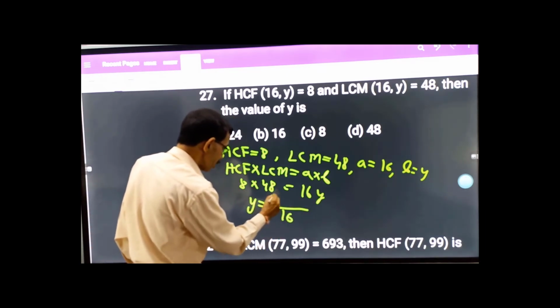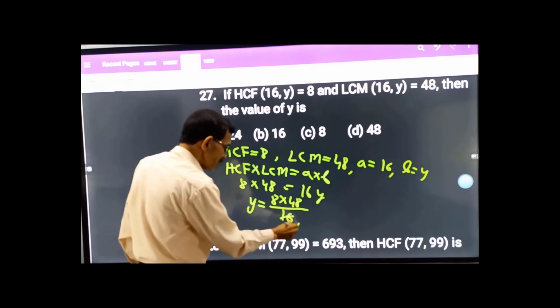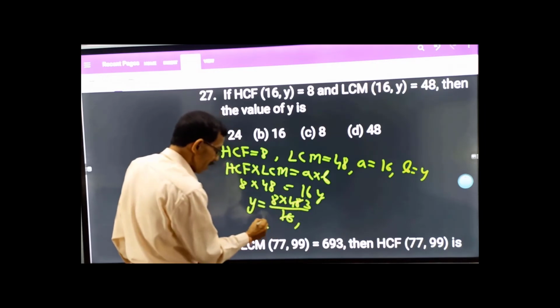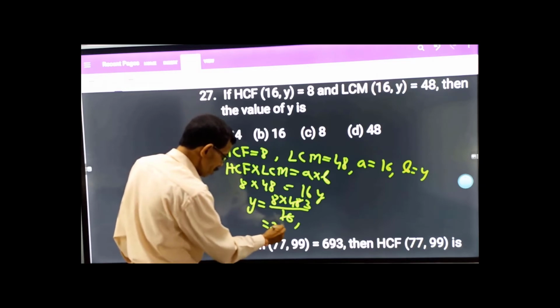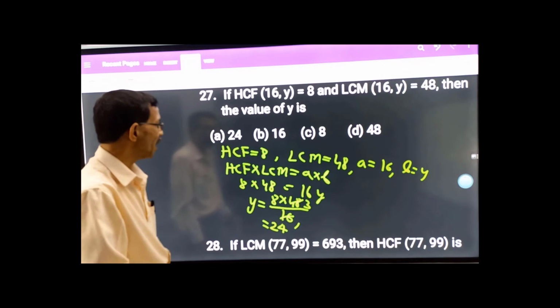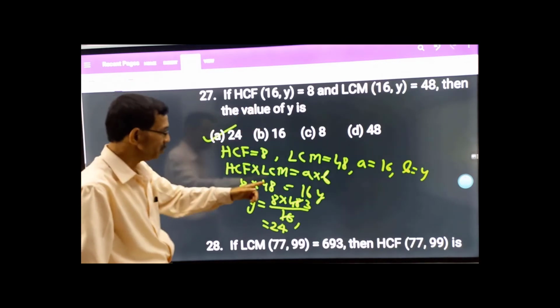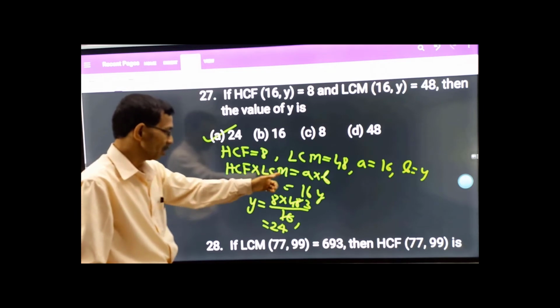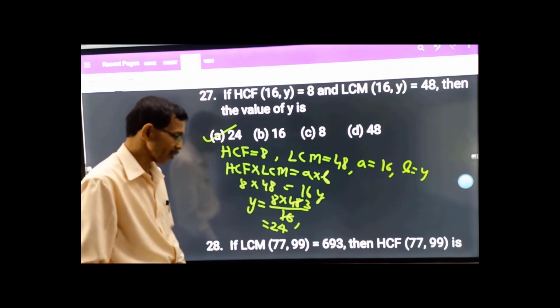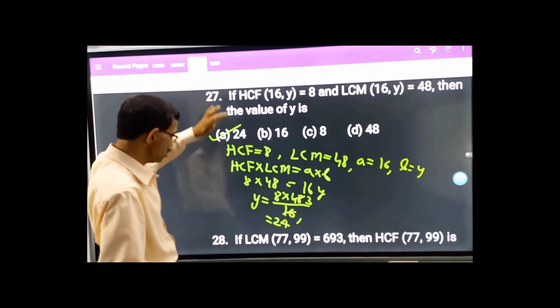So y is 8 into 48 divided by 16, and this will be multiplied by 3, and this will become 24. The correct option is option A. So you see, by using the formula you can calculate the second number. Let's go to the next question.